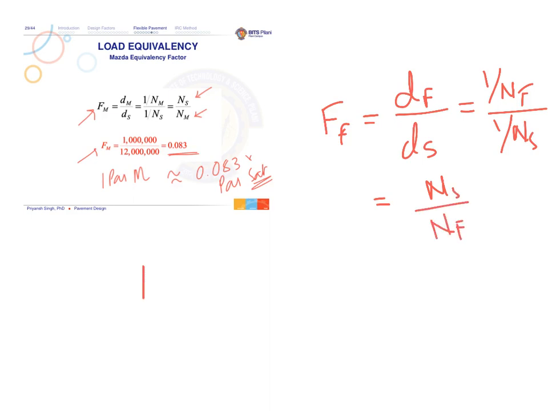So your equivalency factor for Ford will be given as 1 million upon 0.2, that will be 5.